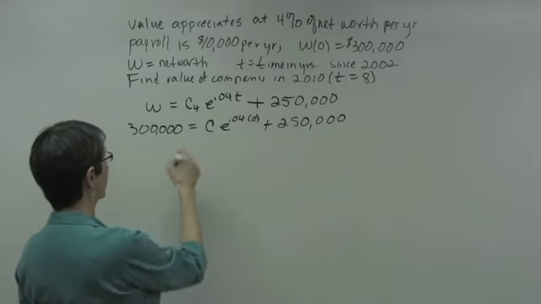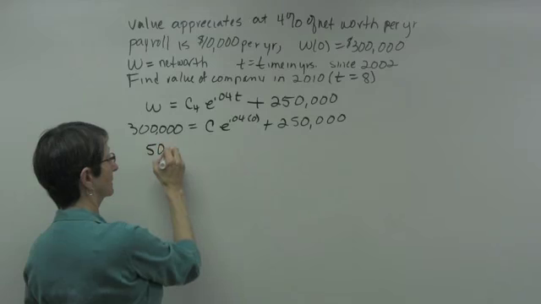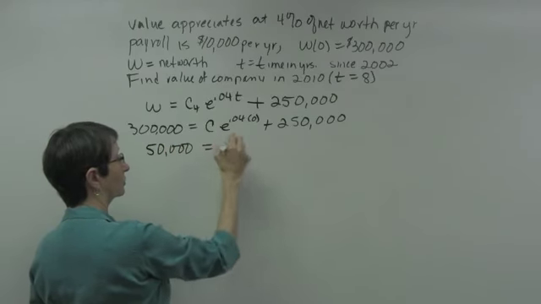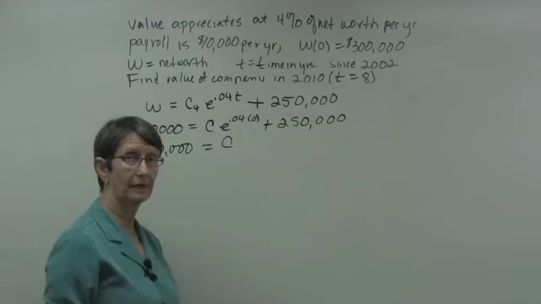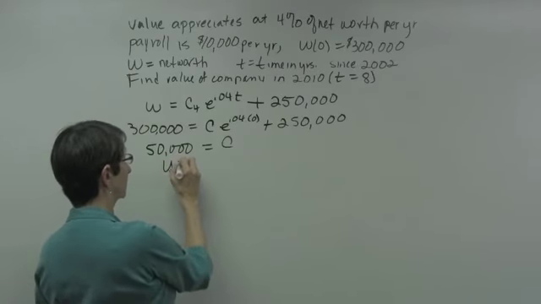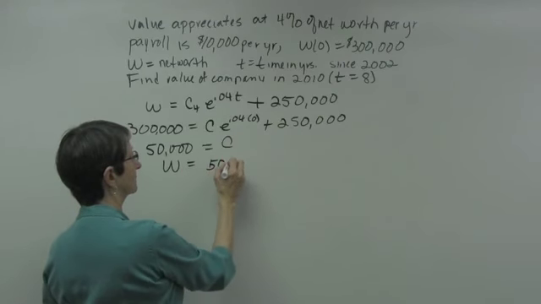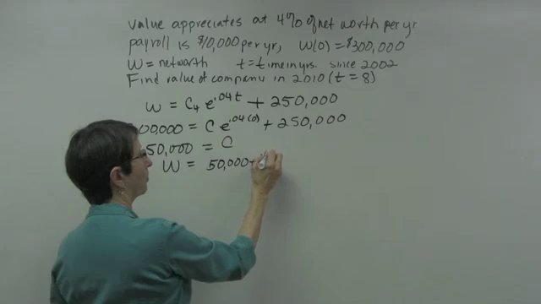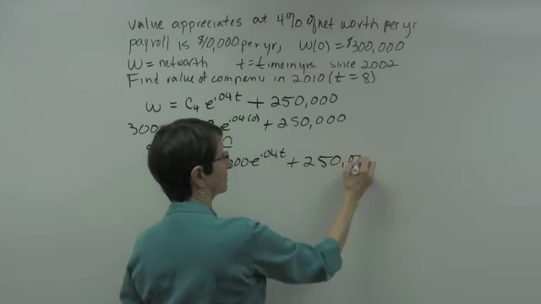Move things away. 300,000 minus 250,000 is 50,000, equal to C times e to the 0, which is 1, so that is my constant right there. So my actual function, W, is 50,000 e to the 0.04 T plus 250,000.